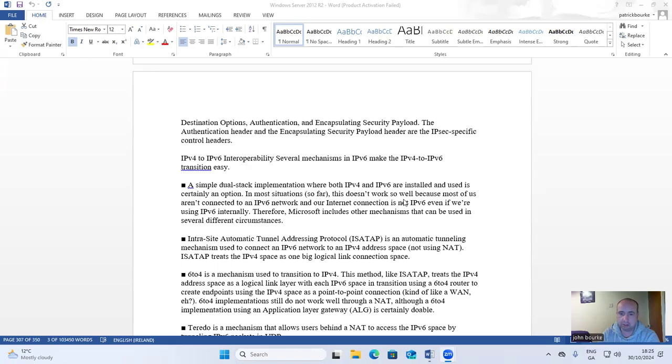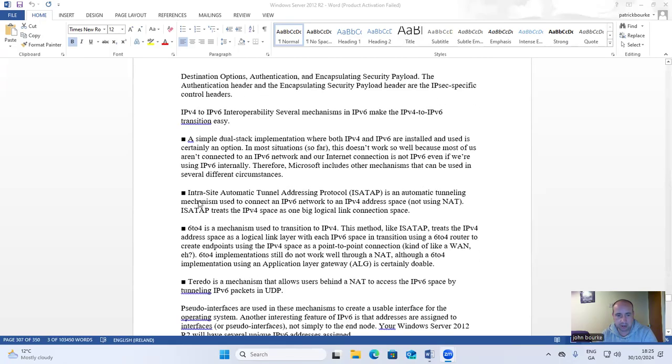So far, this doesn't work so well because most of us aren't connected to an IPv6 network and our internet connection is not IPv6, even if we're using IPv6 internally. Therefore, Microsoft includes other mechanisms that can be used in several different circumstances.